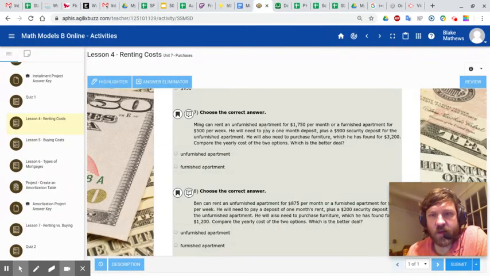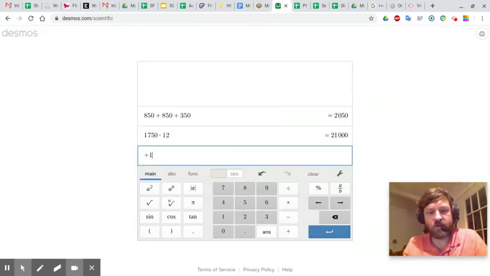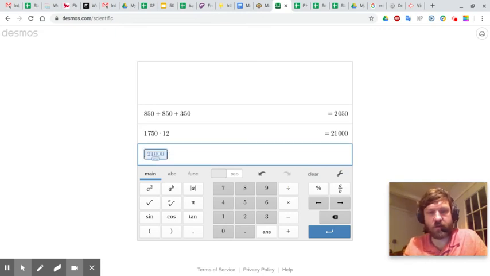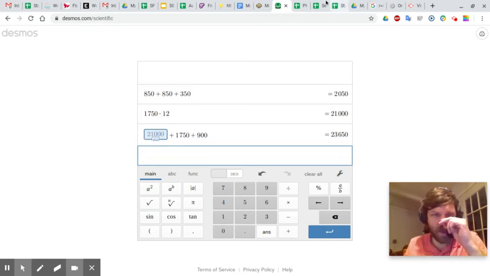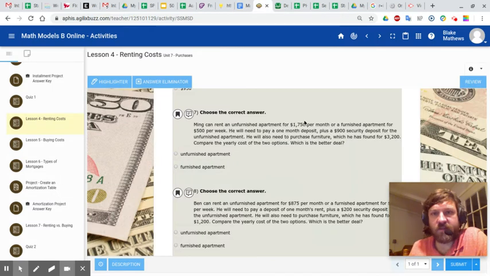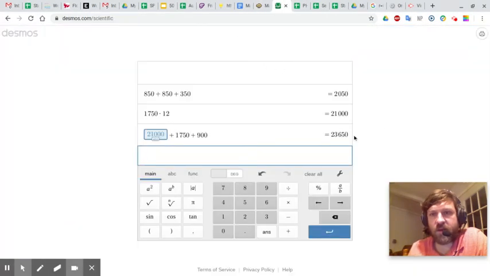It also says the unfurnished apartment will be 1 month deposit plus 900, so another 1,750 plus 900. That's the months of rent plus the deposit plus the security deposit. So that's how much it's going to cost for the entire year.